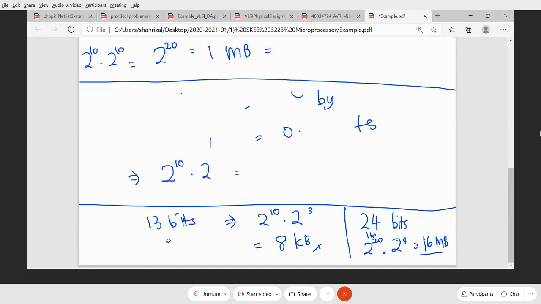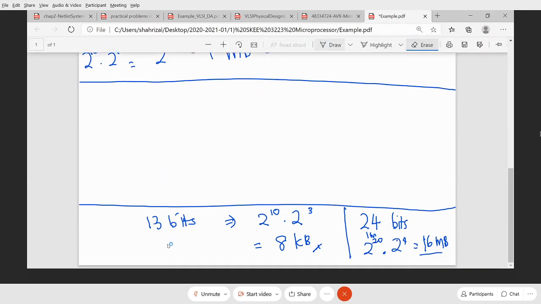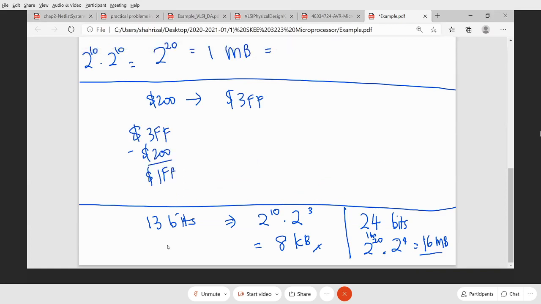Okay, I will solve it here. From 200 to 3FF, right? So what you can do is 3FF, you minus 200. What you get is 1FF, correct?